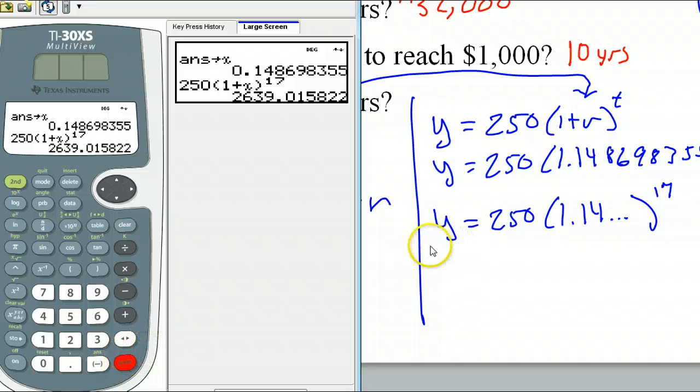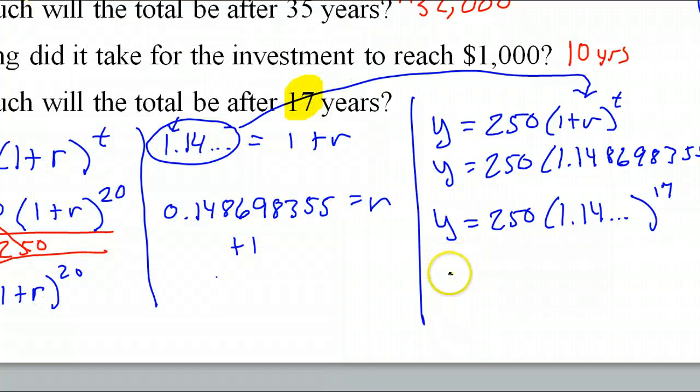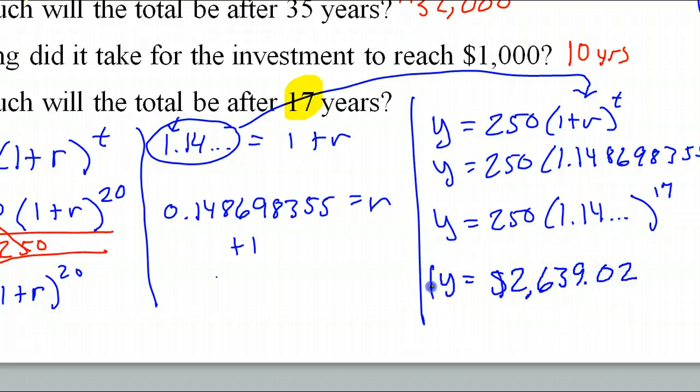So bam! $2,639.02. That is the value after 17 years.